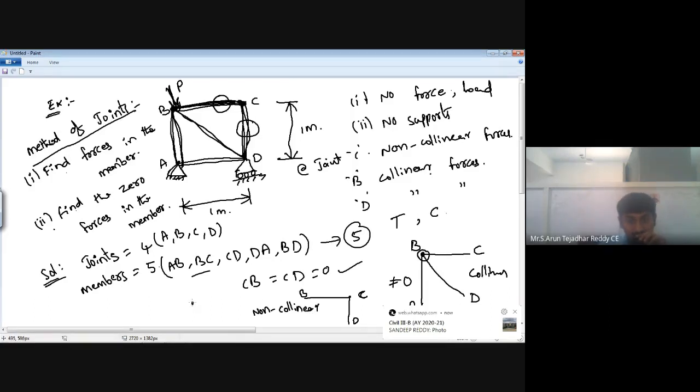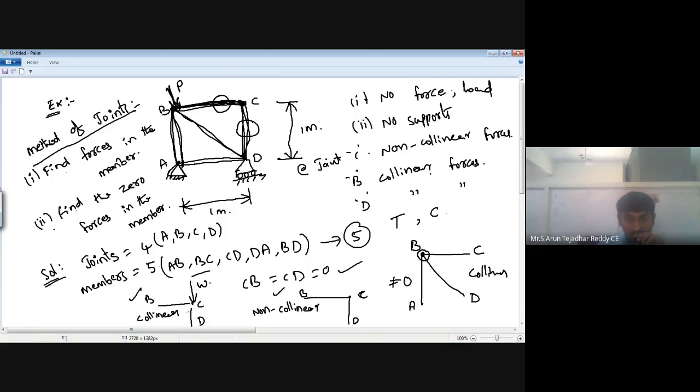Suppose at joint C there are only two members, no problem. But if any external load is acting, imagine it is W, then it is also collinear. Observe this diagram and this diagram.